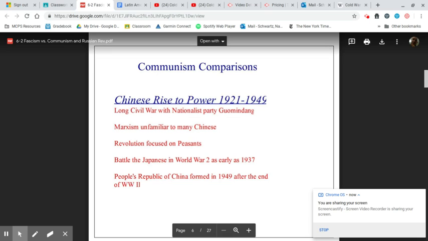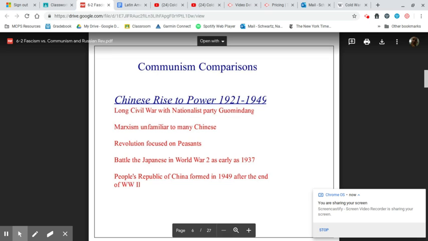As World War II started, it started much earlier in China when Japan invaded parts of China as early as 1937. And part of that World War II struggle against Japan and their fascist aggression was the Chinese people seeing the Communist Party as a nationalist movement. So when the war was over and Japan was defeated, the communists were pretty popular.